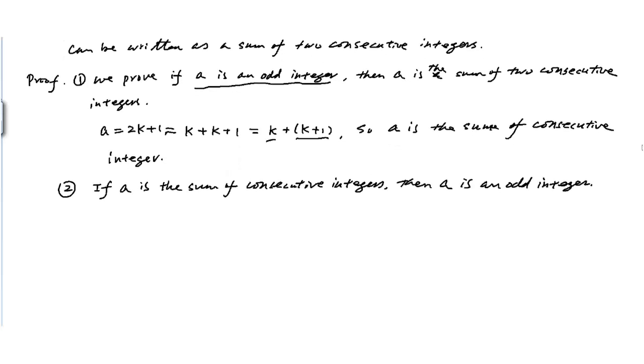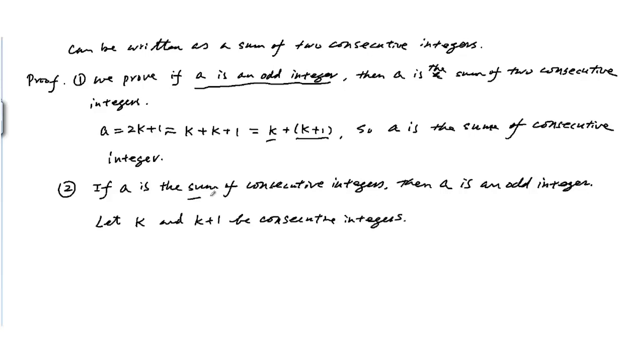So now remember how we express two consecutive integers. So that k and k plus 1 be consecutive integers.